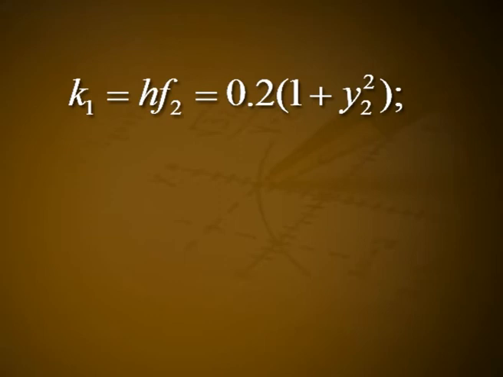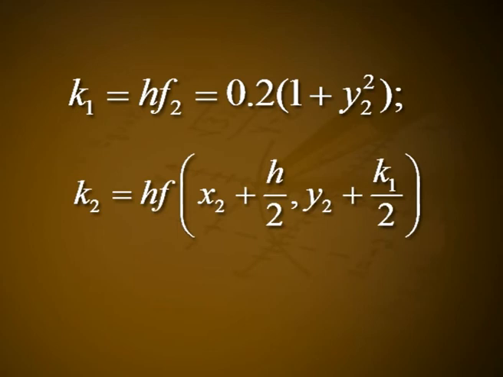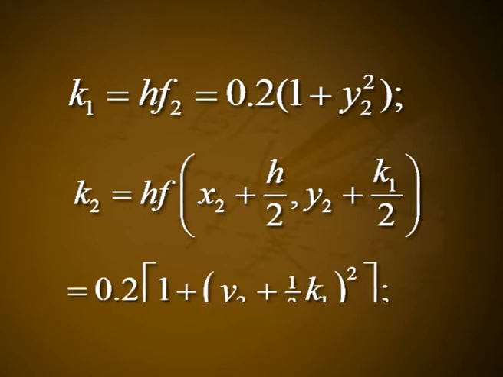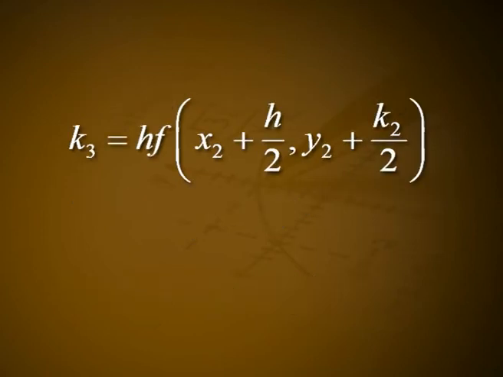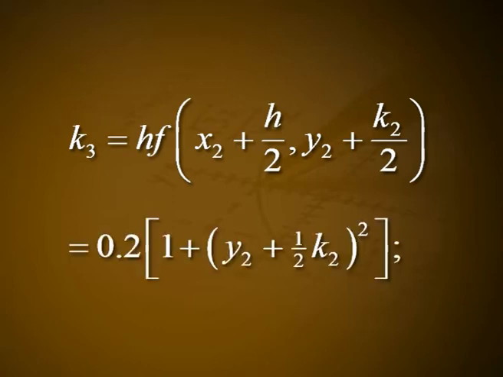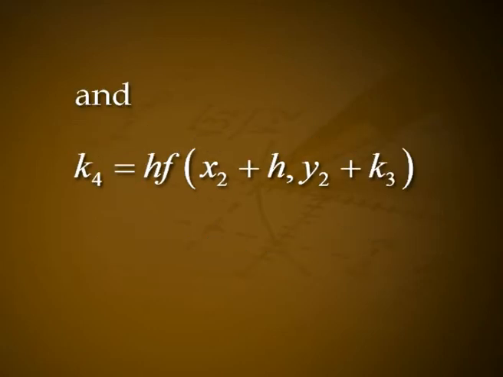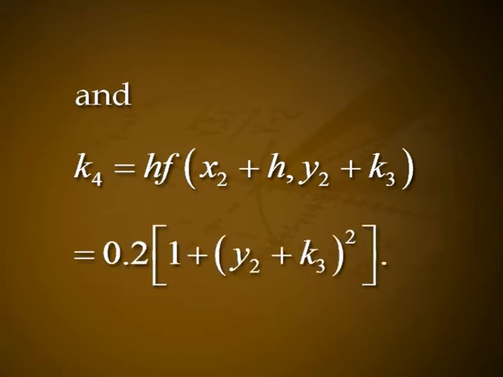k1 equal to h into f2, that is 0.2 into (1 plus y2 square). k2 equal to h into f of (x2 plus h by 2, y2 plus k1 by 2), that is equal to 0.2 into (1 plus (y2 plus 1 by 2 k1) the whole square). k3 equal to h into f of (x2 plus h by 2, y2 plus k2 by 2), that is equal to 0.2 into (1 plus (y2 plus 1 by 2 k2) whole square), and k4 equal to h into f of (x2 plus h, y2 plus k3), that is equal to 0.2 into (1 plus (y2 plus k3) whole square).